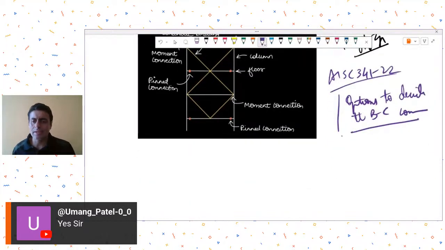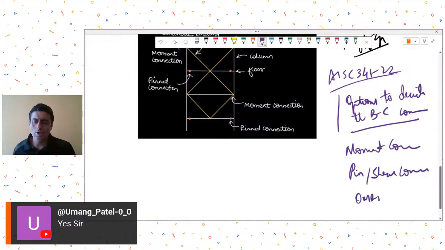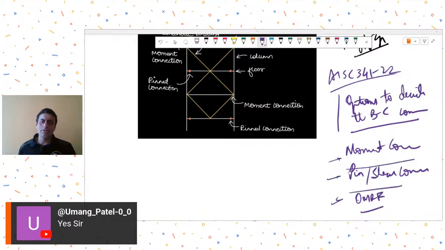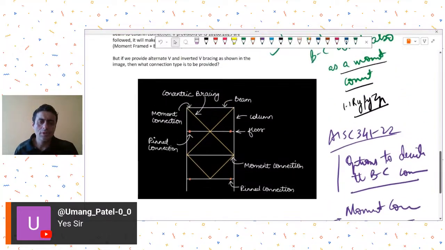Either you can design it as a moment connection, same as 18168, or as a pin or shear connection, just a shear connection, or as a connection of an OMRF, ordinary moment resisting frame system. That makes a lot of sense, because in SCBFs we can then design the beam to column connection as a shear connection or pin connection, not as a moment connection.